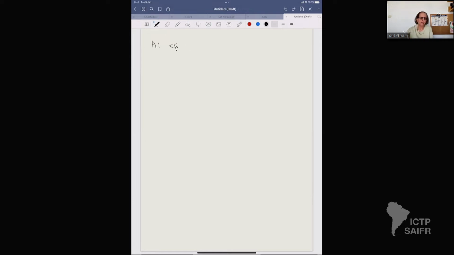So I can write everything in terms of massless spinors. And at the end of the day, things are going to be written in terms of either square products or angle products of the form PI, PJ.